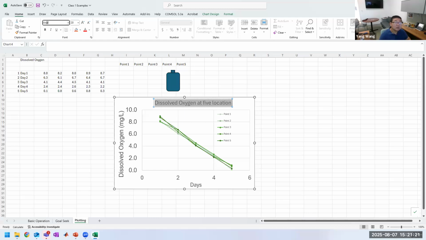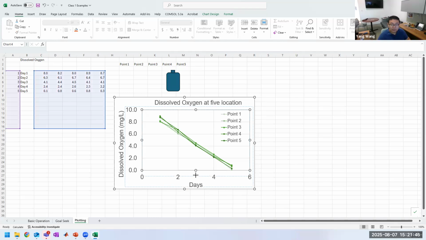I mean, common types of font. Okay, and let's just make it bigger. So you can also change it over here, right?